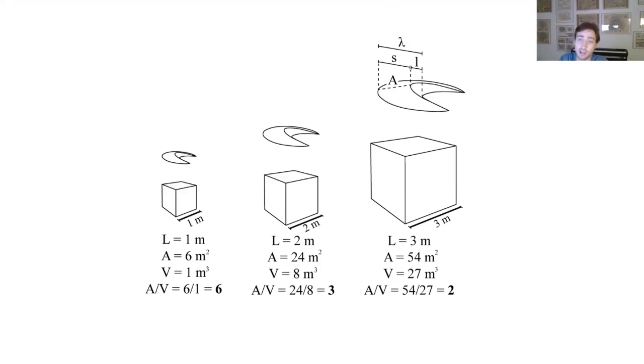If you have a cube that is 1 meter wide, this cube has 6 sides, so the surface area of the cube is 6 square meters, and the volume is 1 cubed, which is 1 cubic meter. If you double the size of the cube, you don't change any other properties of the object other than the size. Then you can do the same calculation and you'll find that the surface to volume ratio has halved.